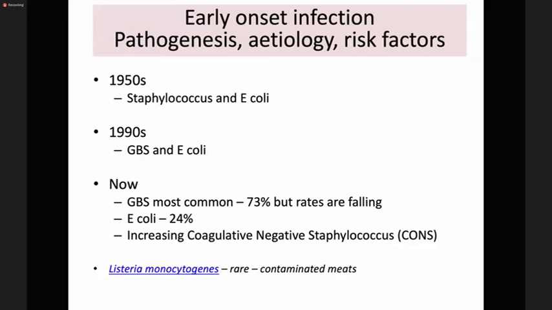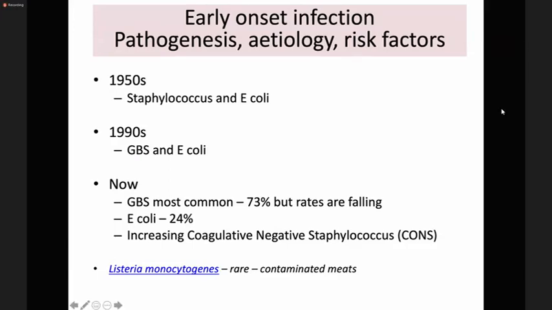Why do you think there is not much Staphylococcus in 1990? What is the action that has brought about this change? Anyone? It is in the skin, you're correct. Something we have done, something we have got better at, might have changed the pattern of organisms from 1950 to 1990.